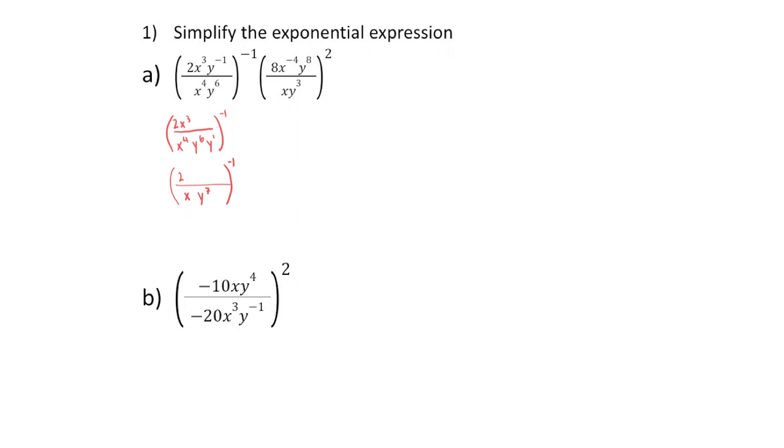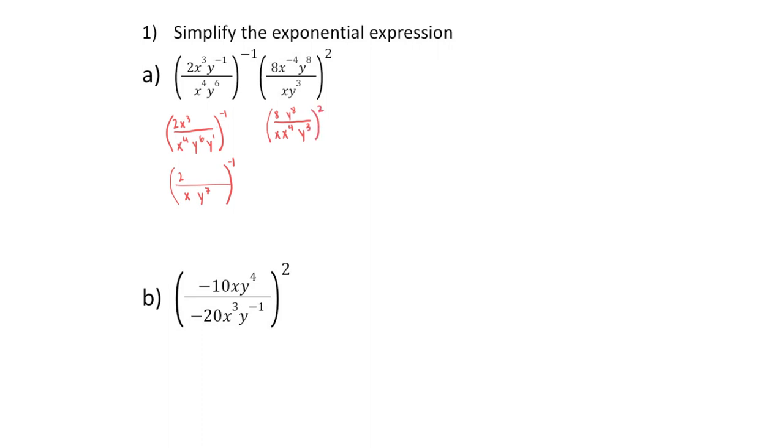Okay, that's simplifying the first parentheses. I'll deal with that -1 in a second, but first I want to also simplify the inside of the second parentheses. So I'm going to bring down my x to the -4th and make it an x to the +4th by bringing it into the denominator.